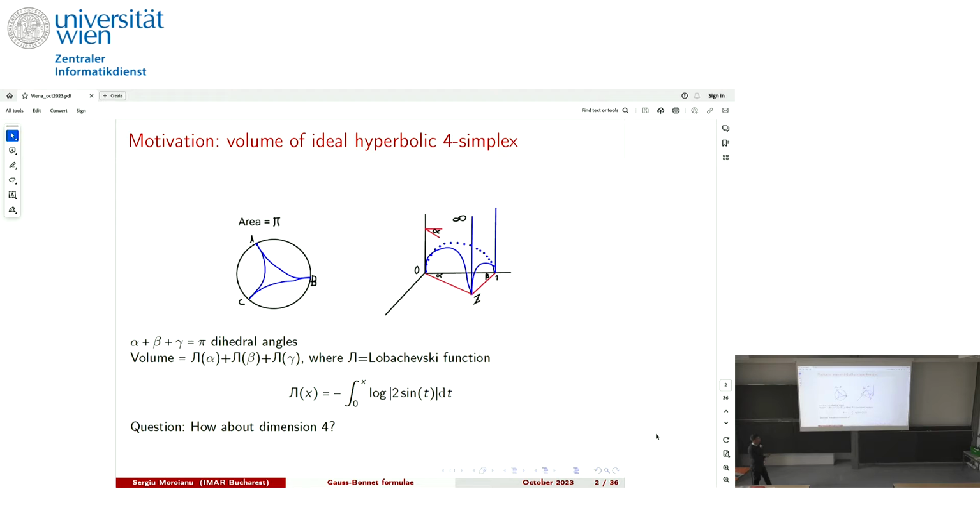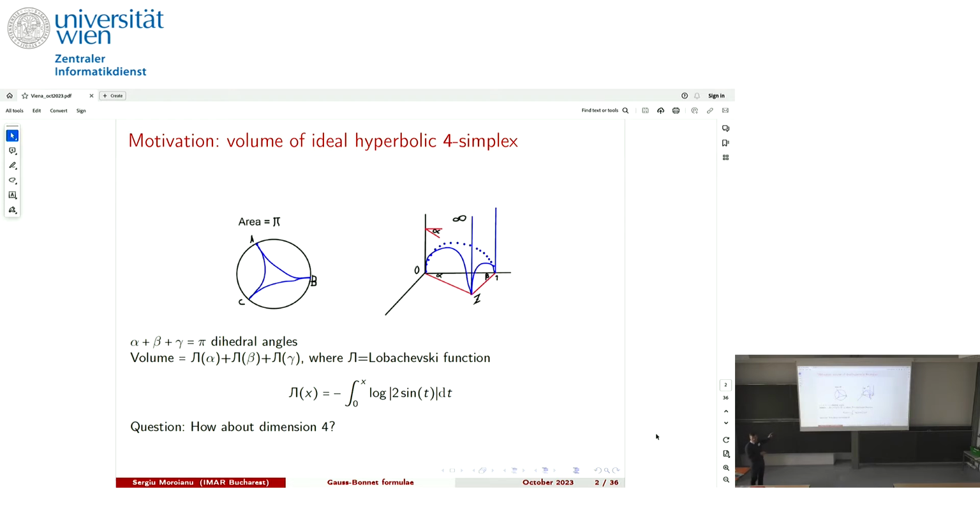And the tetrahedron has 3 dihedral angles because they are 2 by 2 equal. This angle here and this angle here are equal. And the volume is given by this Lobachevsky function. This is the Cyrillic letter L from Lobachevsky. And it's a complicated formula for the volume. So I was asking myself, what is the volume for a 4-dimensional simplex?